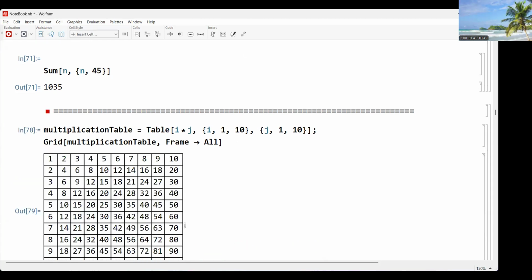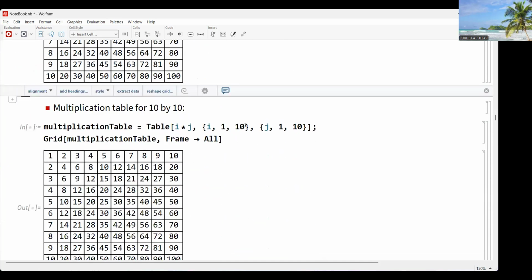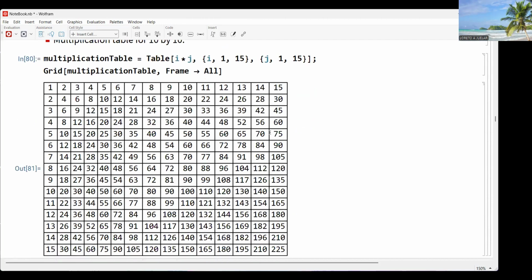So this is 10 by 15. So we have here 15 times 15.